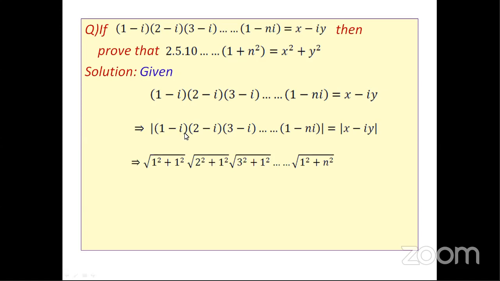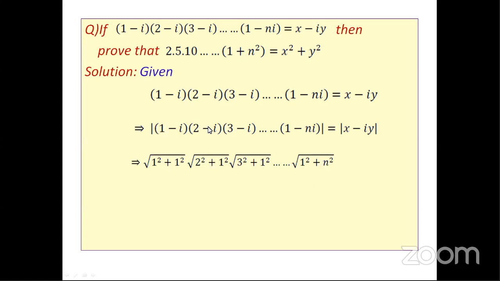Modulus of 1 minus i is nothing but root of 1 square plus minus 1 square, which is nothing but 1 square plus 1 square. So this is root 2. Then next, 2 square plus 1 square under root. Then this is 3 square plus 1 square. And for this one, this is root of 1 square plus n square.